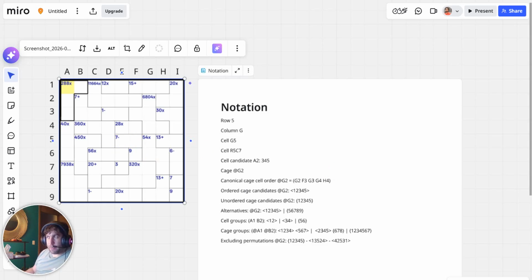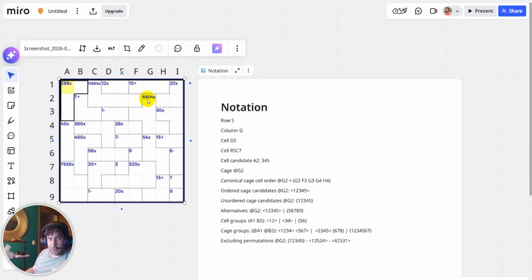I want to talk about cell order within a cage. When we talk about a cage, I always want us to be on the same page about in which order I talk about its cells. So we always have cell traversal order, or linearization, or row major order.